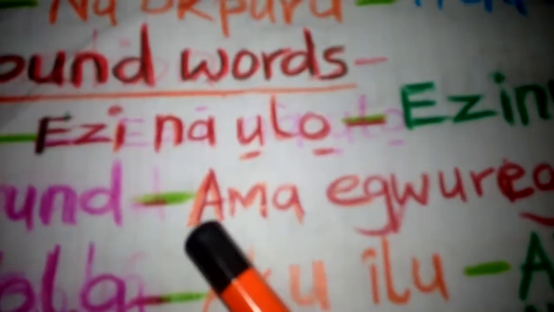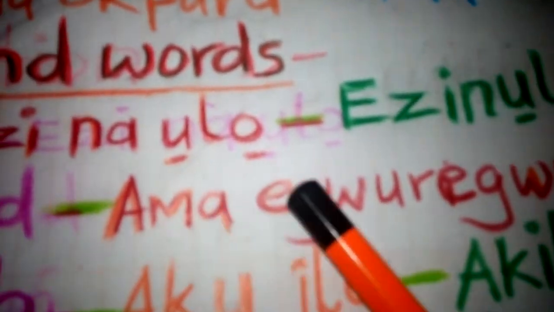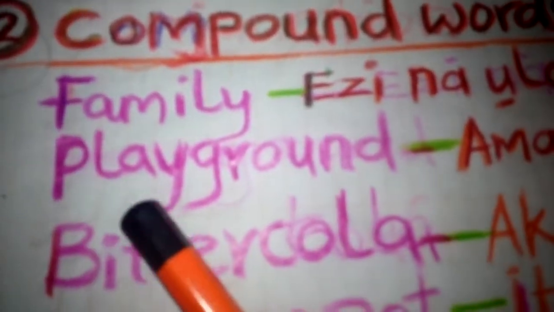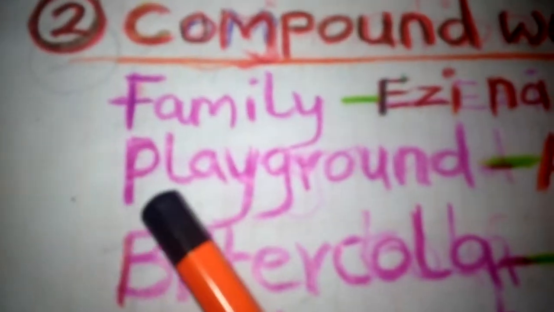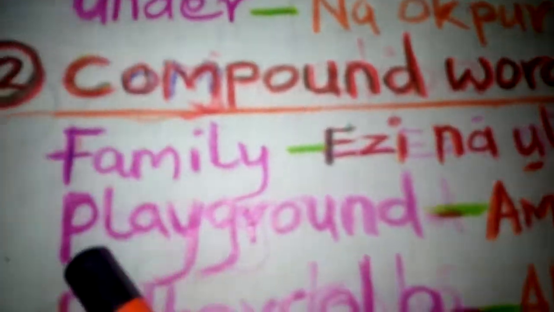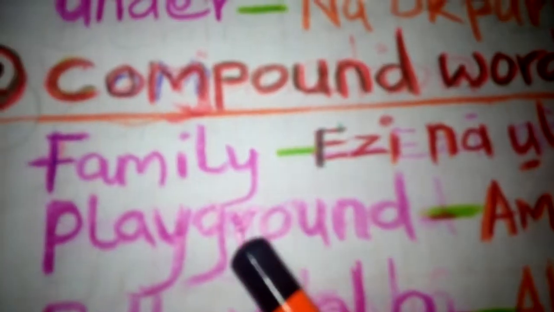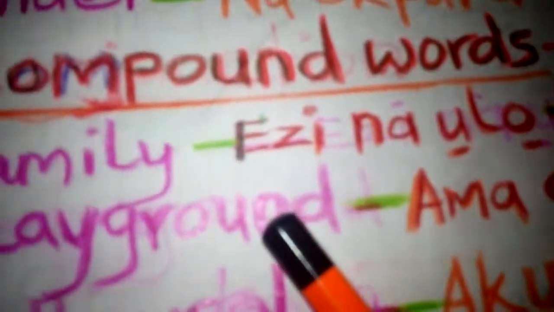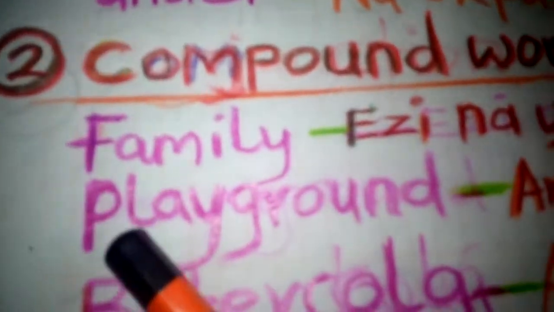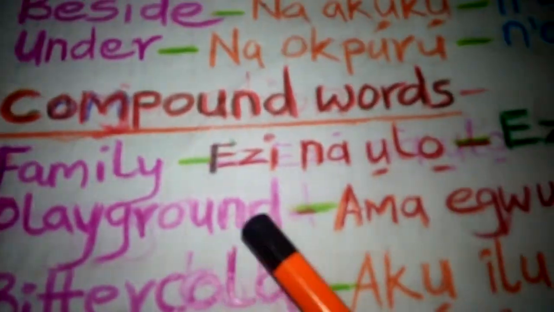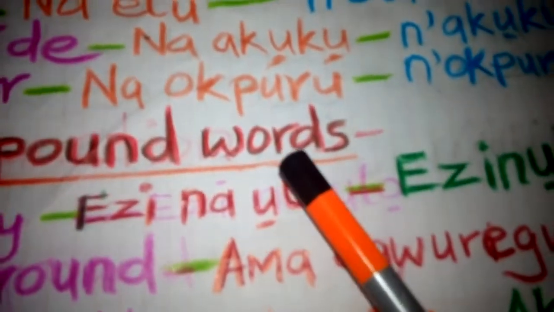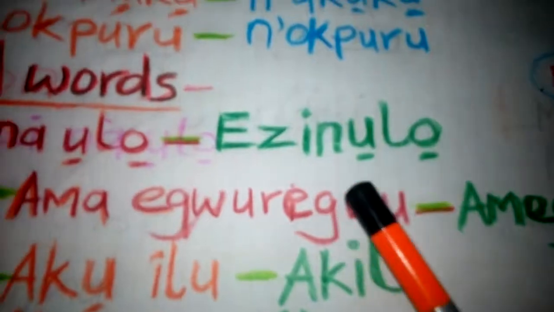So as a compound word, when you want to put them together like I did here, because English words have compound words too. In English also there is something they call compound words, just like this, play and ground, mixed together, playing and ground, or play and ground, mixing together. Okay, they have it in English. They call it compound words as well. Okay, so very important that you know.